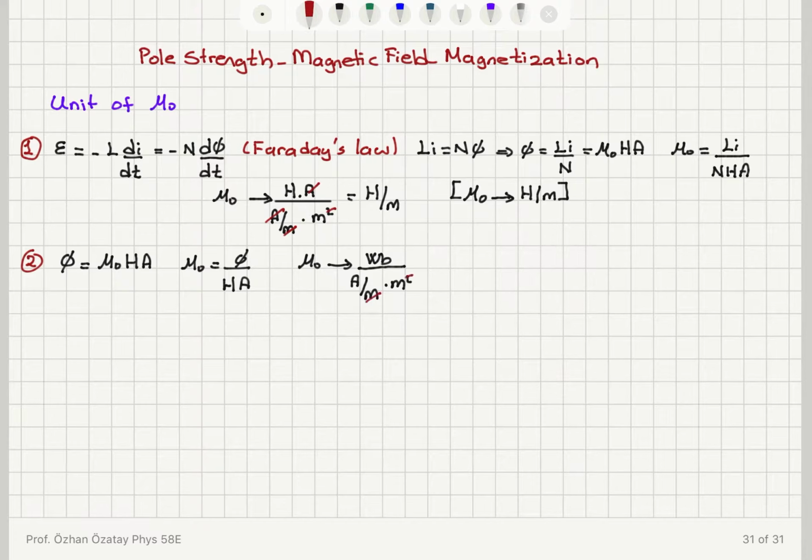Again, one of the meters disappears. So I find that the unit of permeability of free space can be written as Webers divided by ampere meter. So that is following the magnetic flux. Now there's a third way.